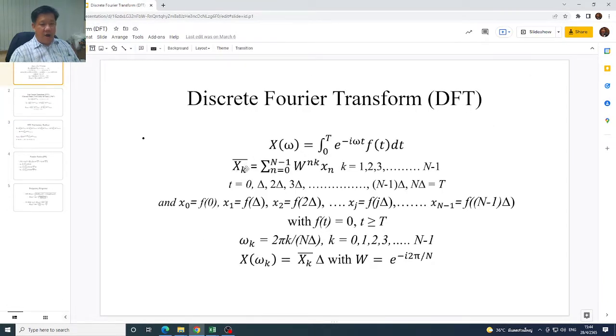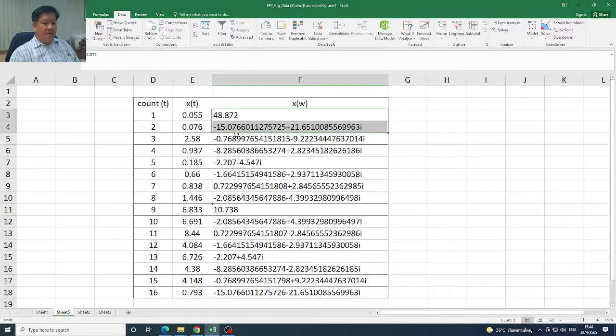The X bar sub k here. But if you want the real value of X omega, you need to multiply by the resolution delta, where you discretize the continuous time domain to a discrete time domain. But in this analysis, we don't need to specify any delta.